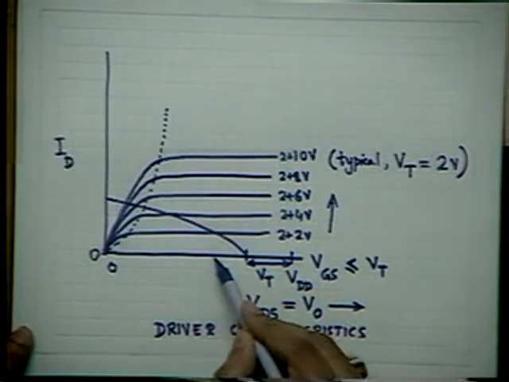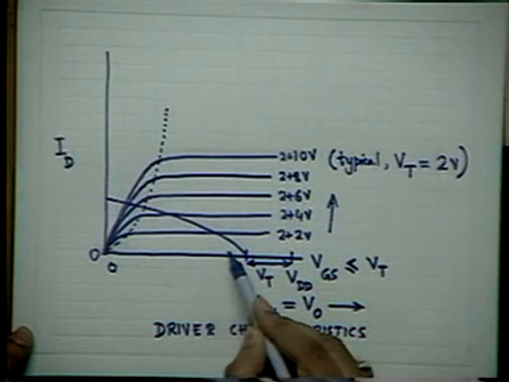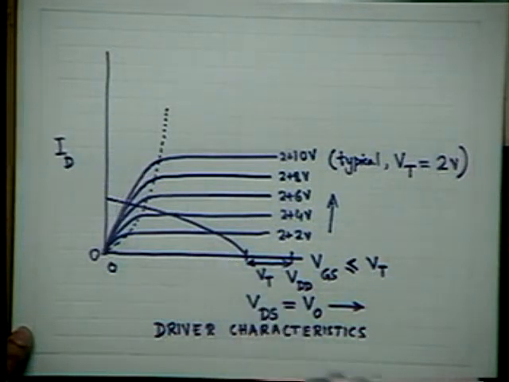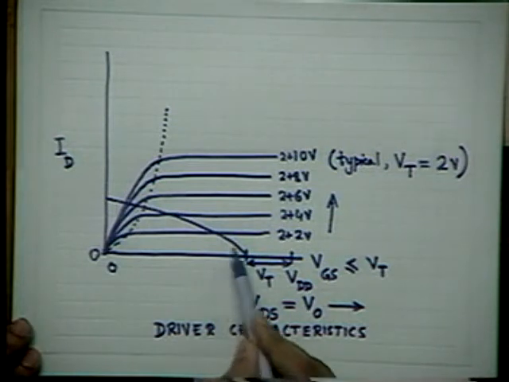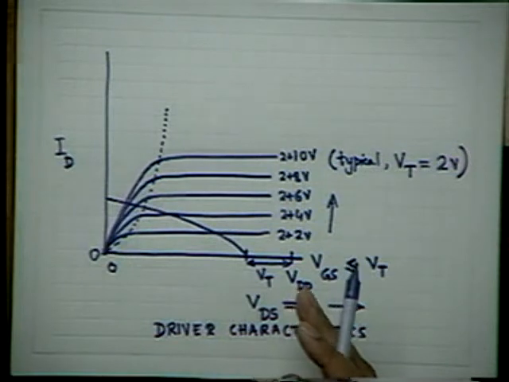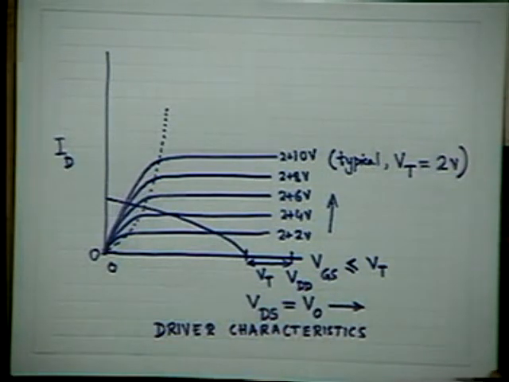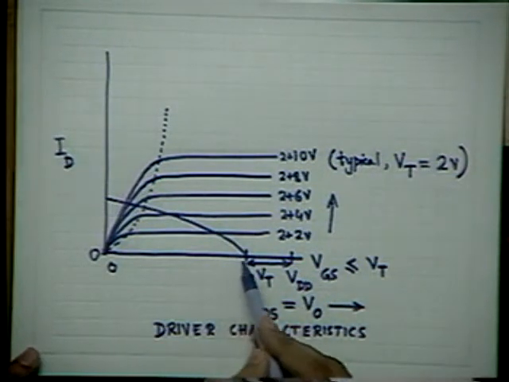The driver is in saturation. The load is always a saturated transistor, that we have assumed. When VO is large compared to some minimum value, that we shall find out afterward, the transistor will be in saturation.